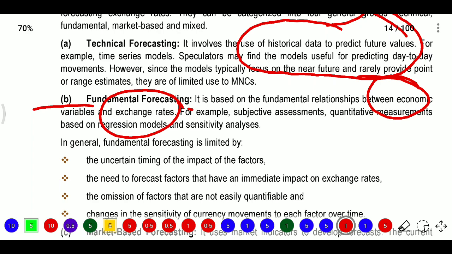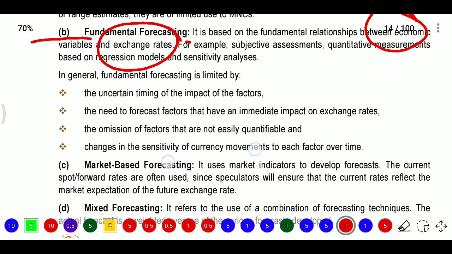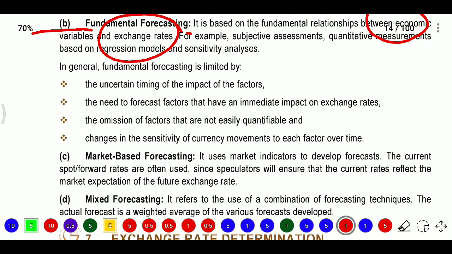Generally, fundamental forecasting is limited by the uncertain timing of the impact of factors, and the need to forecast factors that have an immediate impact on exchange rates.